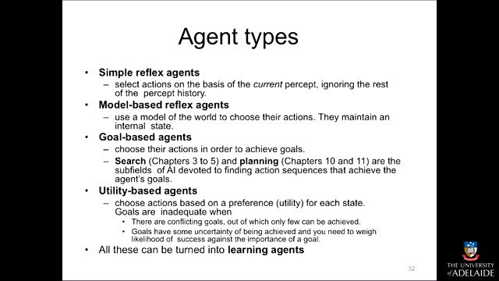So a utility-based agent is one where maybe there are conflicting goals and only a few of them can be achieved, or perhaps the goals have some uncertainty of being achieved, and what we're going to try and do is weigh up the alternatives and decide which is most achievable, or which is achievable in the least amount of time or with the least amount of cost, and so forth.